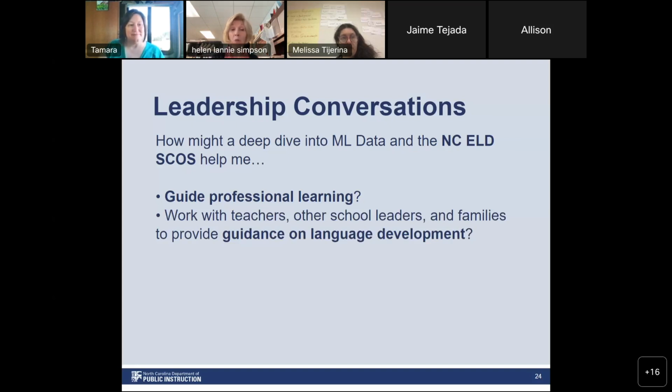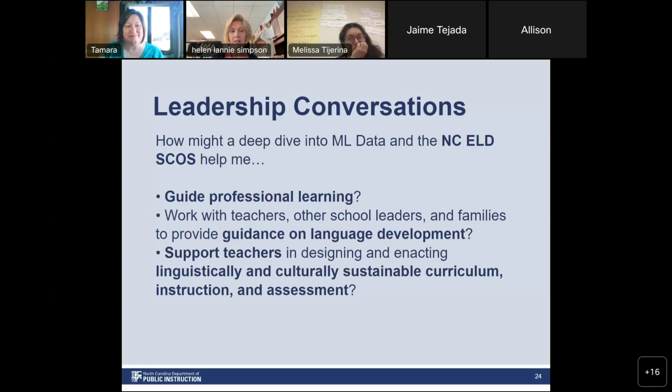How might you work with teachers, other school leaders, including families, to provide guidance on language development? How might you support the teachers in your district or at your school in designing and enacting linguistically and culturally sustaining curriculum, instruction, and assessment?